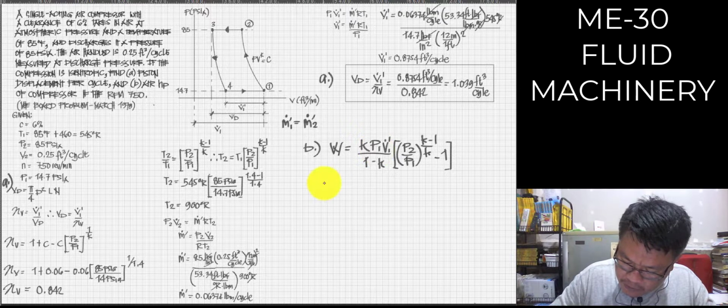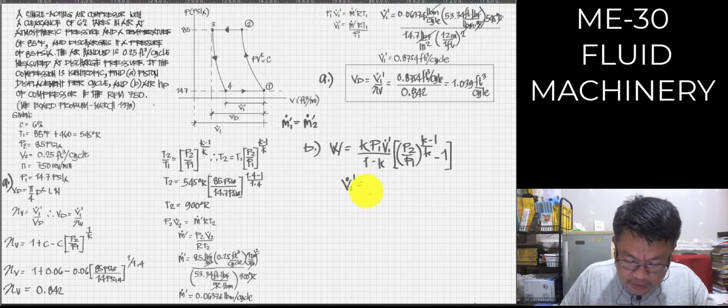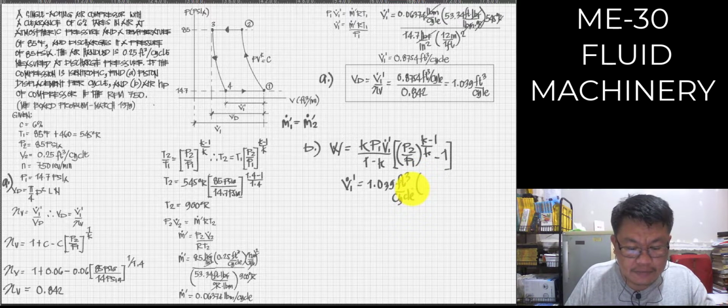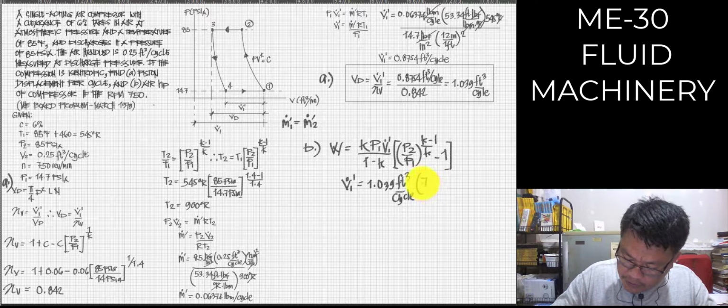So we have our volume displaced per cycle, 1.039 cubic feet per cycle. I'm going to multiply this by 700 RPM, revolutions per minute.